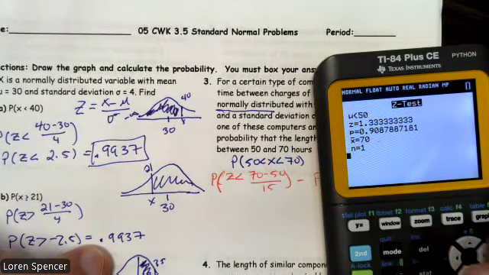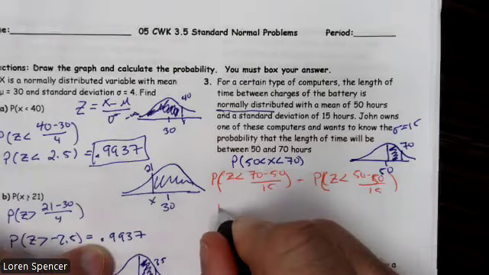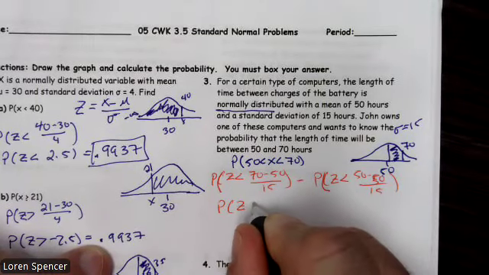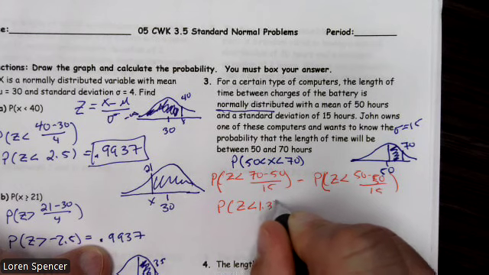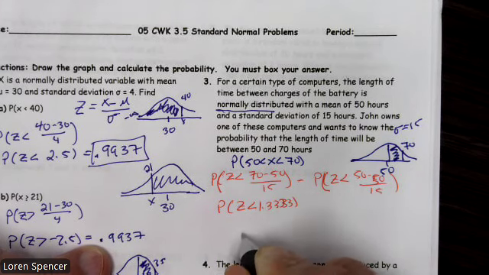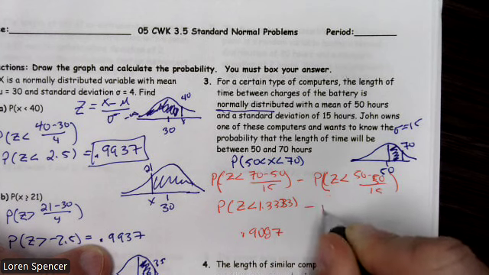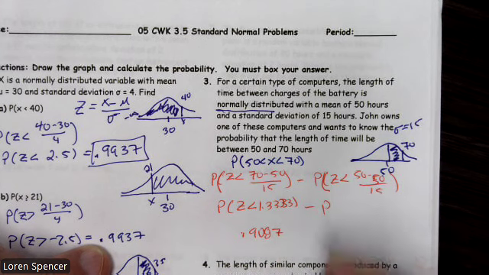And I get the probability Z is less than 1.33 equals about 90%. So the probability that Z is less than 1.333 is 0.9087. And then I have to do the other side, minus the probability.